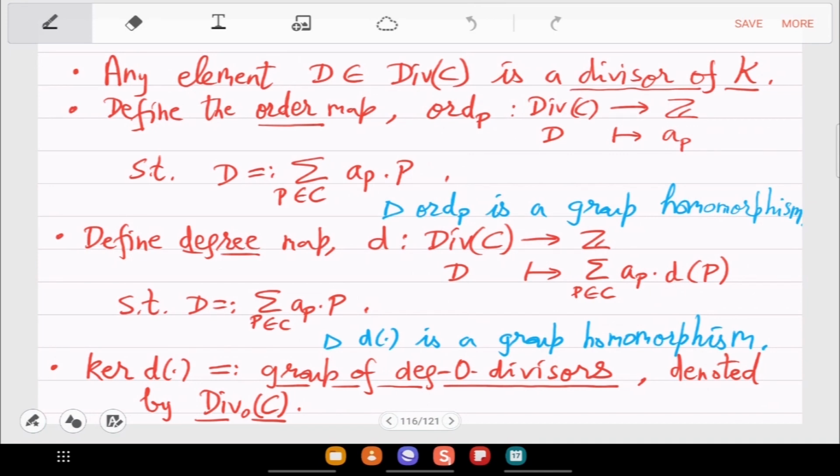Order is a group homomorphism; it respects addition. Degree is the sum of all the orders, but weighted by the degree of the point, so it's the sum of AP times dP. And the kernel of this is clearly those divisors whose degree is 0. They will be somehow special. We'll call it div 0.